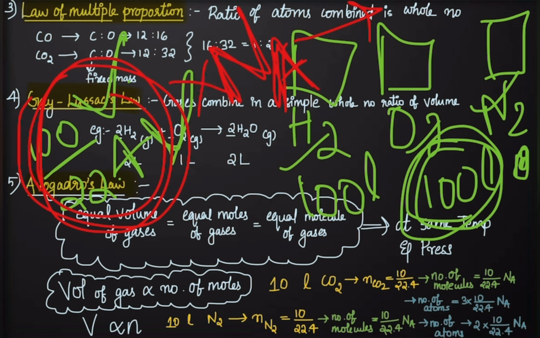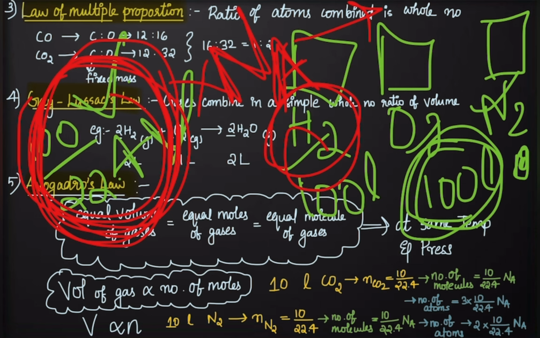So 100 divided by 22.4 moles of hydrogen contains 100 divided by 22.4 into Avogadro number of hydrogen molecules. So this is part 1 of the mole concept.